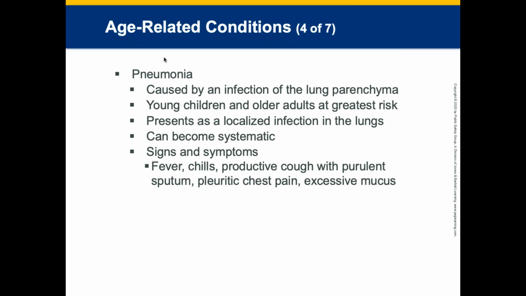This presents as a localized infection in the lungs that may cause atelectasis, so alveolar collapse. If not treated properly, it can become systemic, leading to sepsis and septic shock. Pneumonia is one of the most common indicators of sepsis.